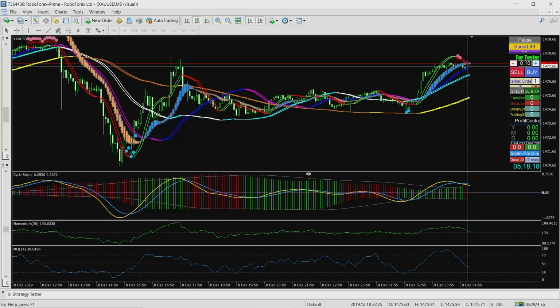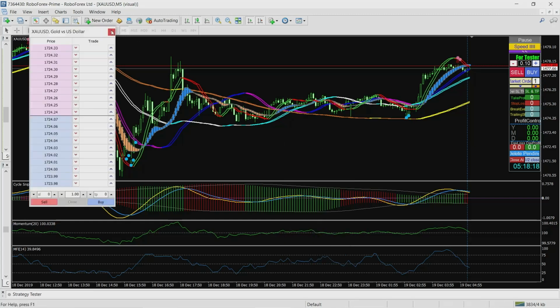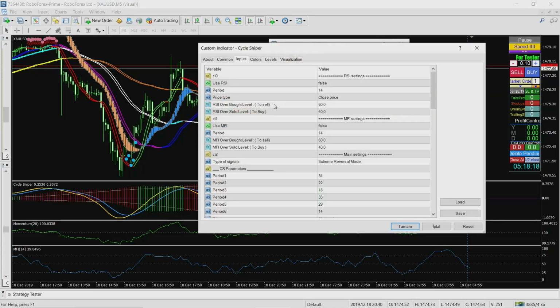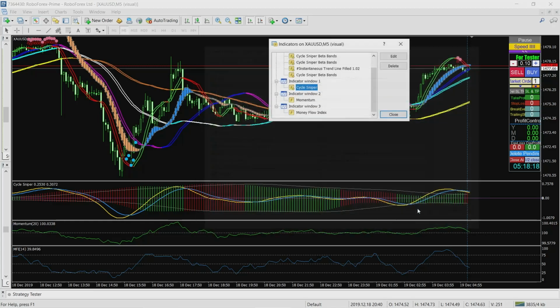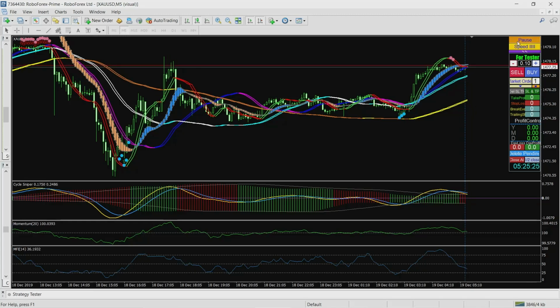As you know, Cycle Sniper actually has a Money Flow Index filter, but I want to show everything on the chart. Let's run it. What we're going to look for: Cycle Sniper signal, Momentum, Money Flow Index, and Beta Bands.